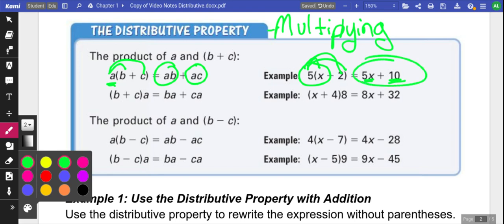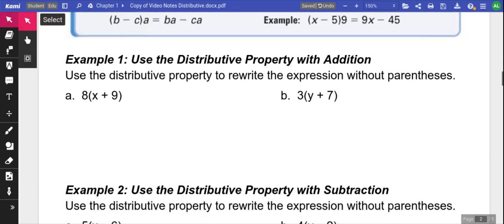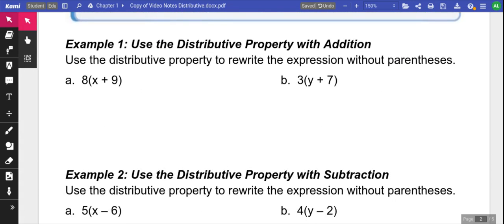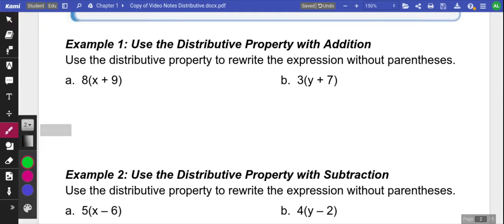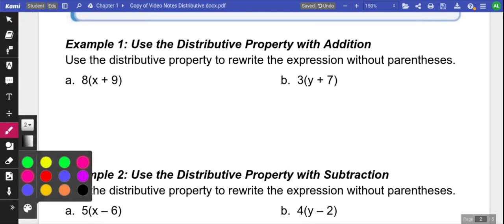All right, so let's go into some examples here. Use the distributive property with addition. So we're going to rewrite this expression without parentheses. This 8 on the outside of our parentheses times this X plus 9.